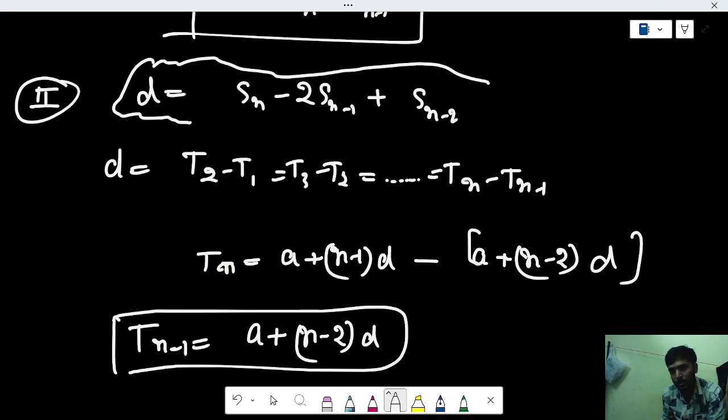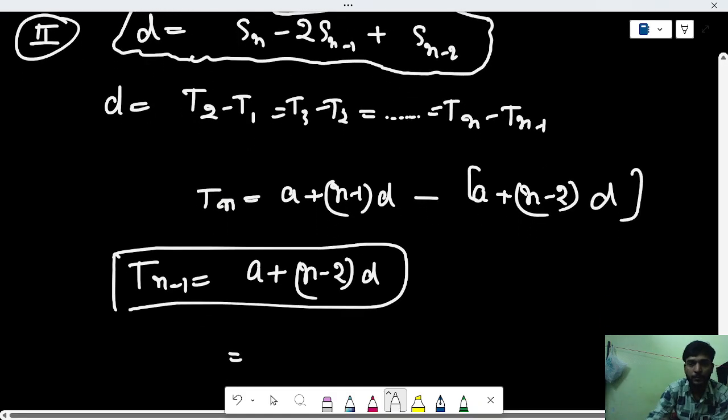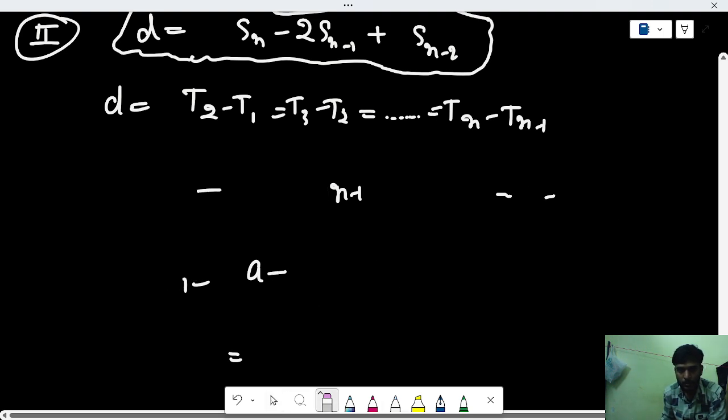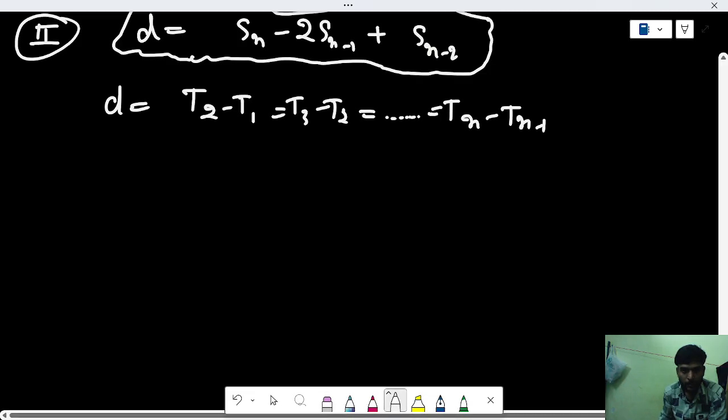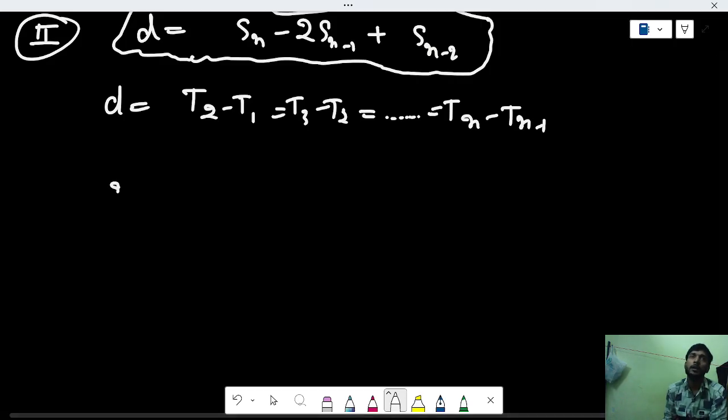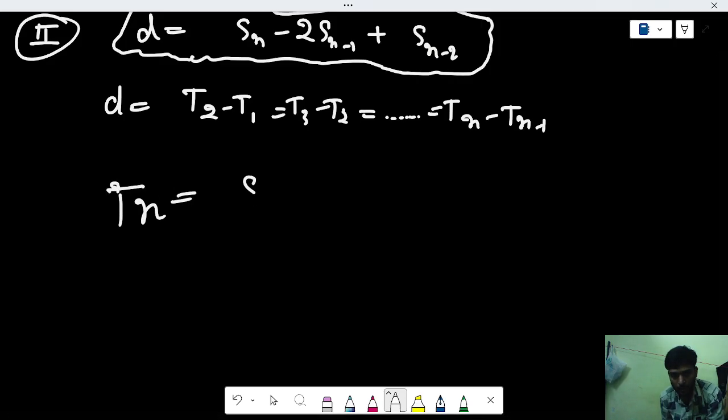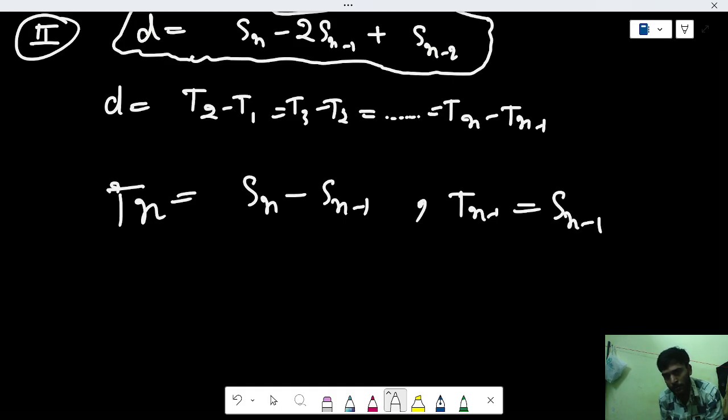Sn is the sum of n terms, and we know that tn = Sn − Sn−1, and similarly we can write tn−1 = Sn−1 − Sn−2.